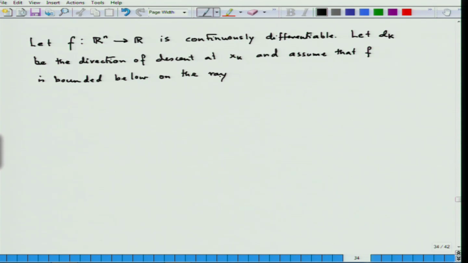So it becomes a one dimensional minimization problem. You see, f is bounded below on the ray.